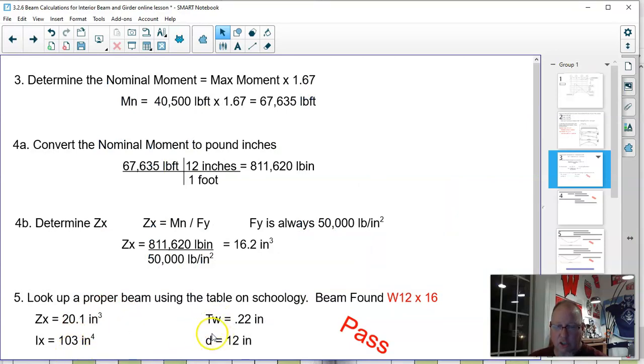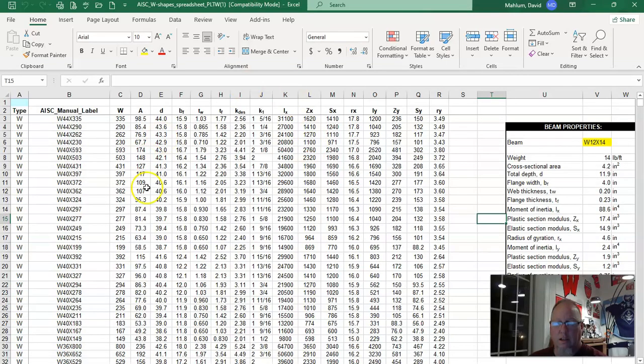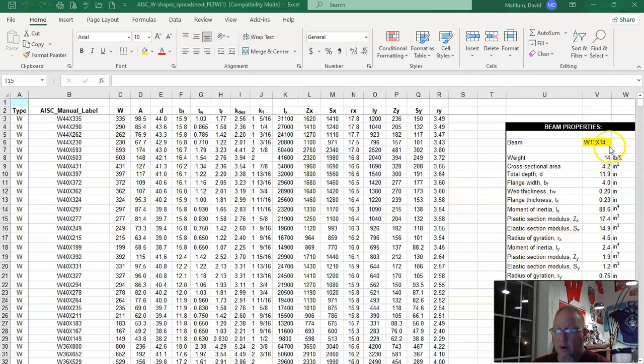I need a different chart to get these two numbers. And that other chart is the other spreadsheet that we opened. So on that spreadsheet, if I go up and select 12 by 16, I can get the TW, which is right there, of 0.22, and the depth of the beam right there, which is 12 inches.